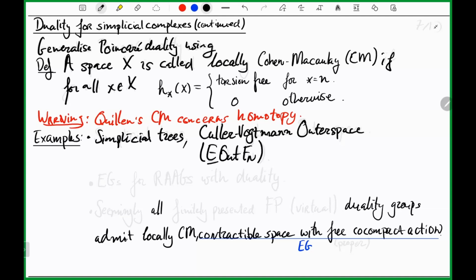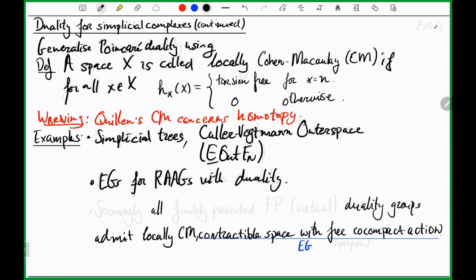Okay, what else? Well, it turns out that Salvetti complexes or their universal covers are also Cohen-Macaulay spaces.